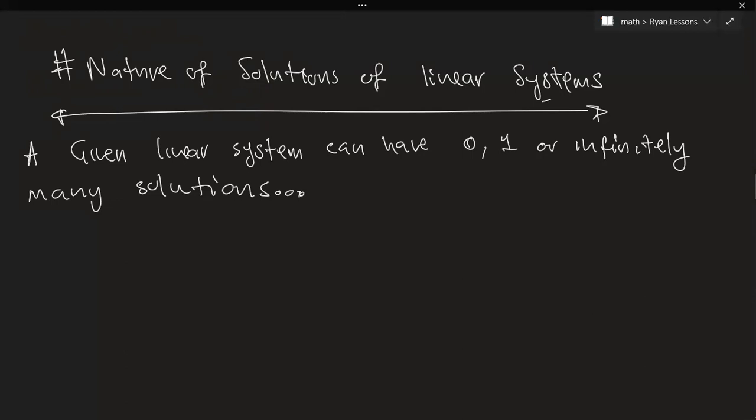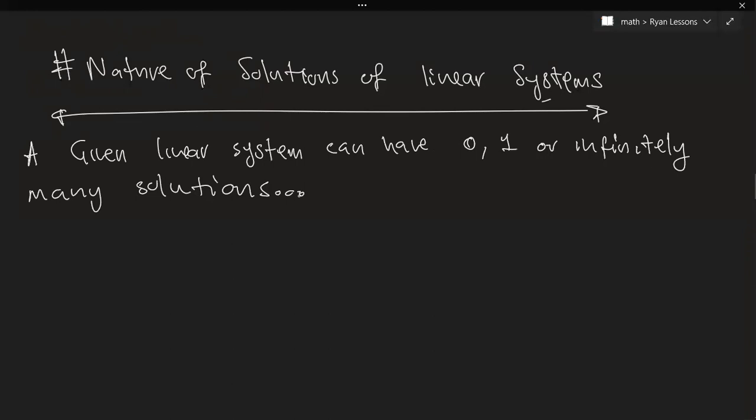It's either we do not have any solutions at all for a given linear system, or we have one solution, or we have infinitely many, which means for anything that is called a linear system, there are always these three possibilities associated with it. Either you won't have any solution, or you'll have one solution, or you'll have infinitely many solutions.